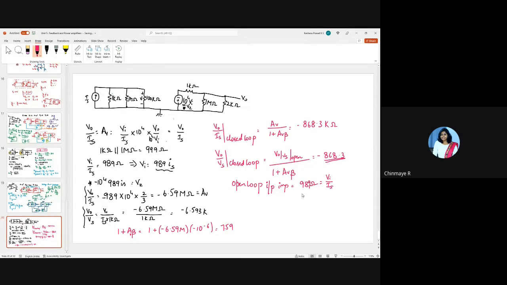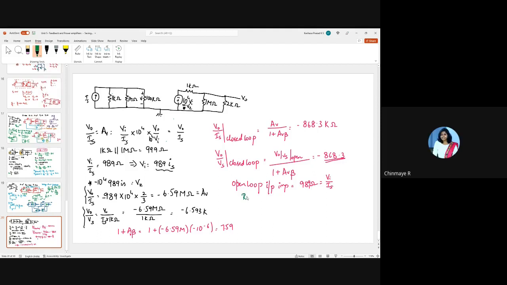So now how will you calculate the closed loop input impedance? What should you do? Should you divide it by 1 plus A beta or should you multiply that by 1 plus A beta? Both divide only. Divide. Correct.